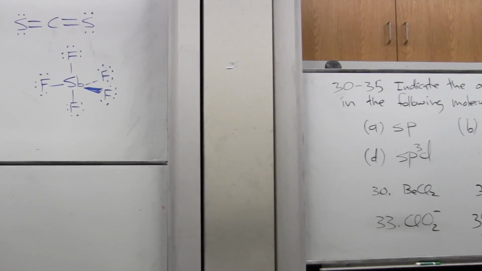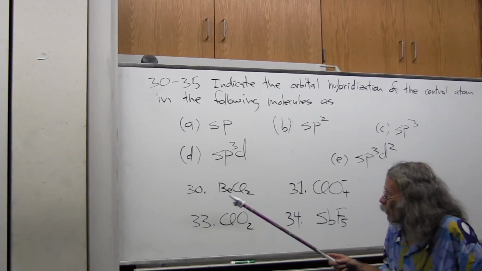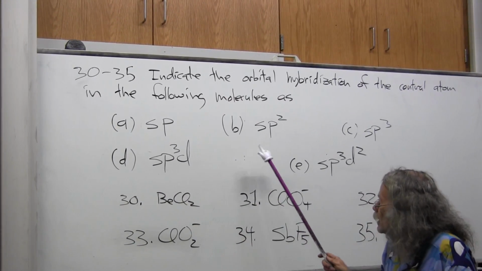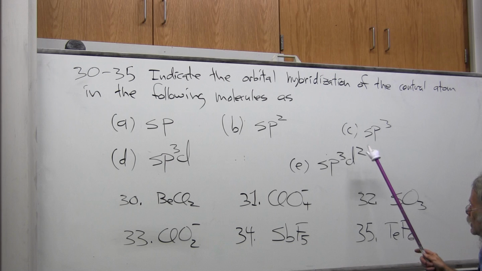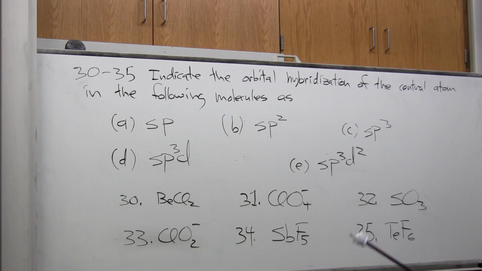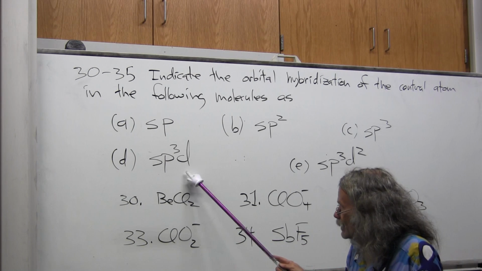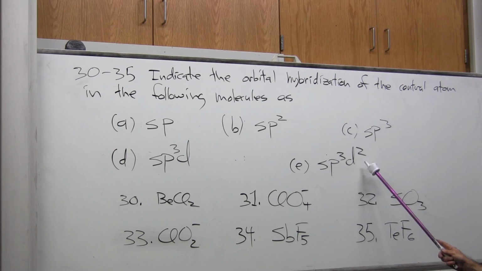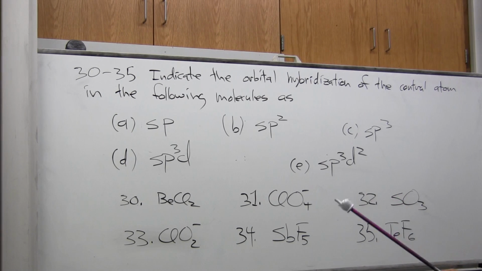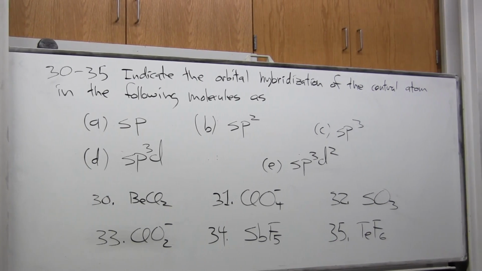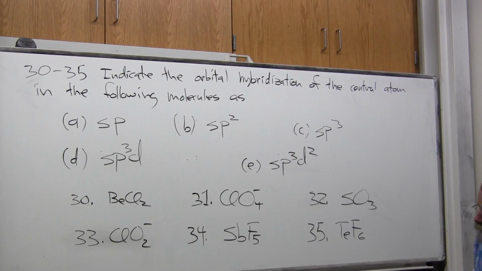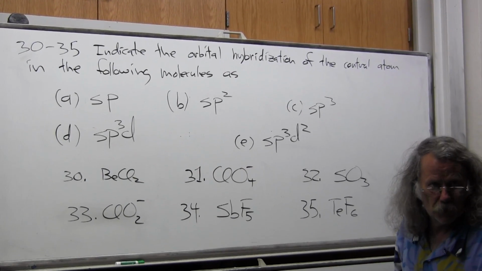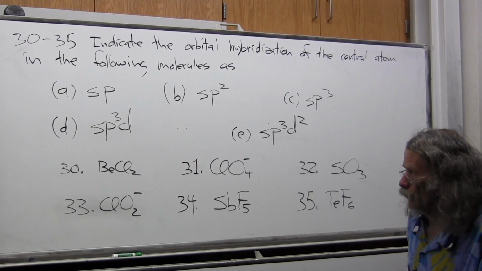We've got to indicate the orbital hybridization, and our options are A, sp, B, sp2, C, sp3, D, sp3d, and E, sp3d2. Okay? And this is going to be contingent upon the E-pair geometry, which we determined on the previous question.